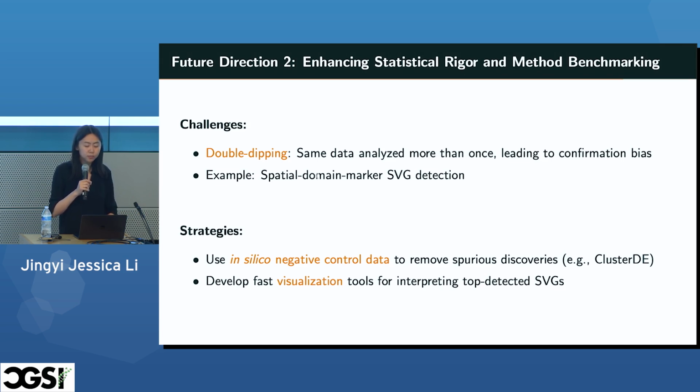For example, in spatial domain marker detection, you use the same data to define domains, and then you use the data again to find markers. So the same data twice. So what we have been doing in my group is this idea of using in silico negative control data to remove spurious discoveries. And I think having some fast visualization tools for method developers is also very important, because we need something fast to help us quickly visualize the data.